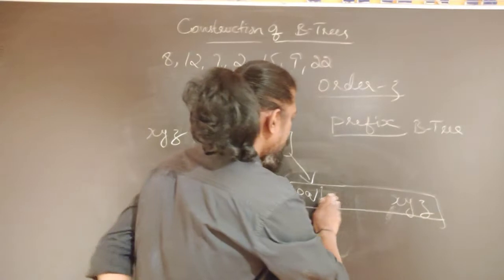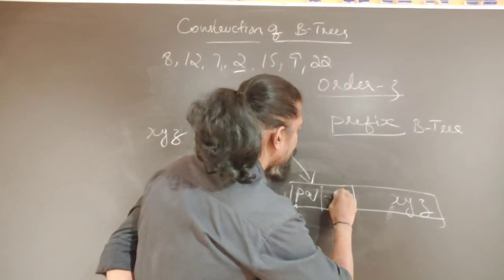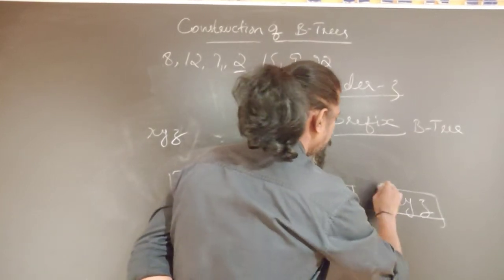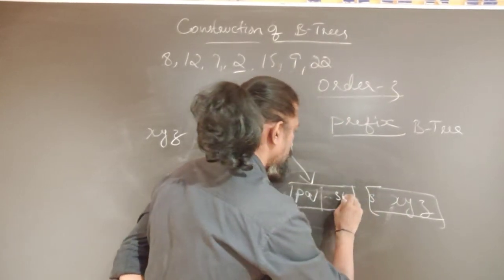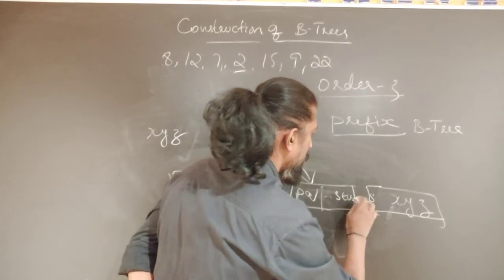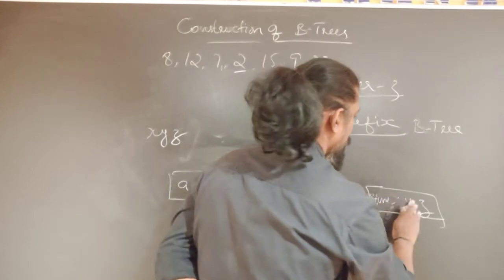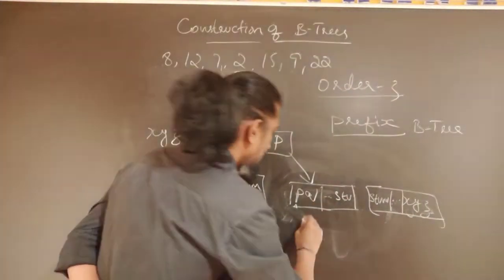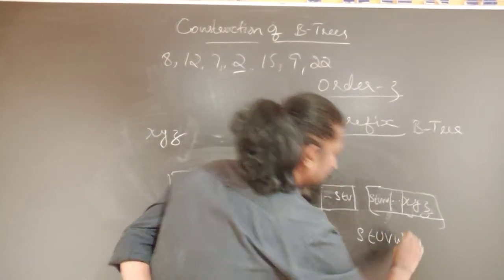Now when it splits, let us assume the last key of this particular block is STU, and the first record in this block is STUVW, and then XYZ. Now when we form the prefix, here we have STU and here we have STUVW.